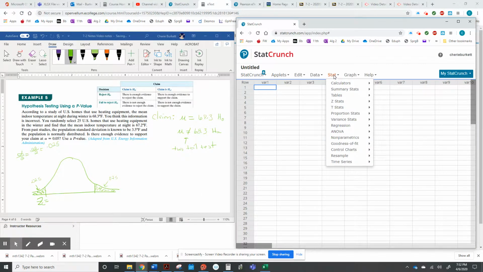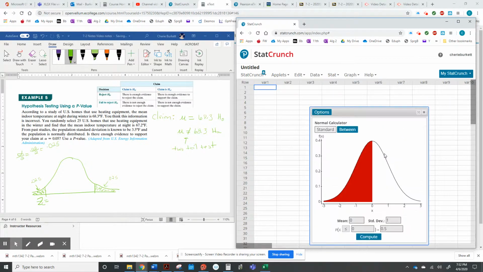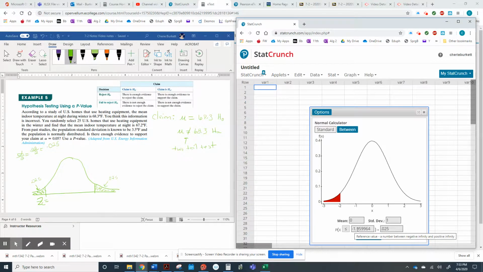Do stat. I'm going to do calculation. I'm going to do normal. I know my area is 0.025. And you can calculate this one right here, negative 1.96.